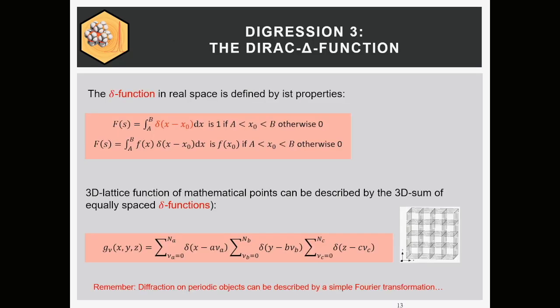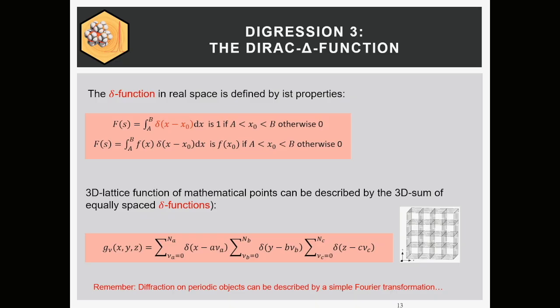What else do we need? So we are almost through. When you do powder diffraction, you have to remember what the Dirac delta function is. The Dirac delta function is the function which is only defined by its properties. We don't know exactly what the shape of this function is; it's not defined. But what is defined is that if you integrate the function from minus infinity to plus infinity, it will be 1.